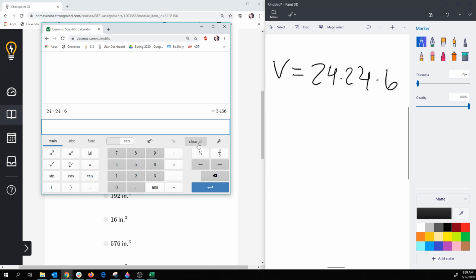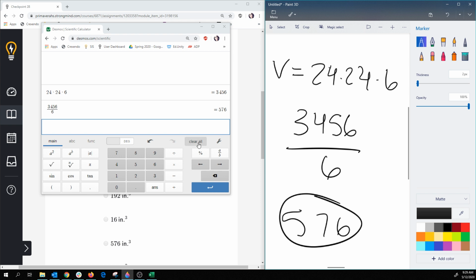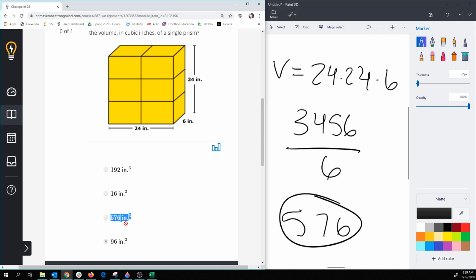So I'm going to take that 3,456, divide it by 6, to get 576, because there are 6 equal boxes. So 576 inches cubed is how much volume each one of these individual boxes has.